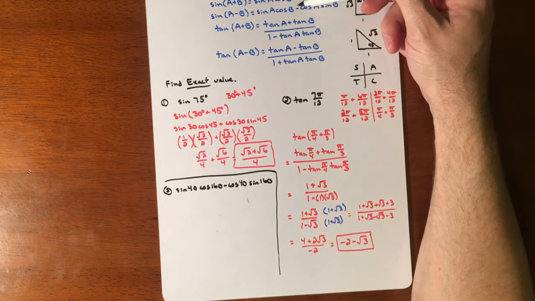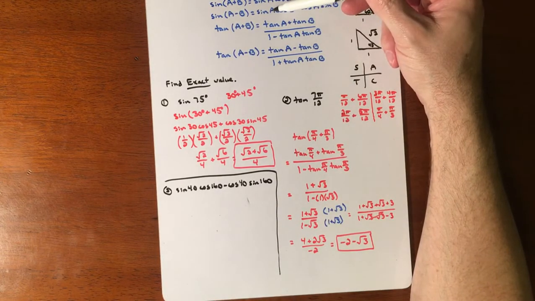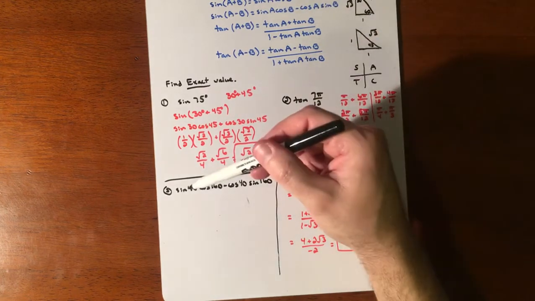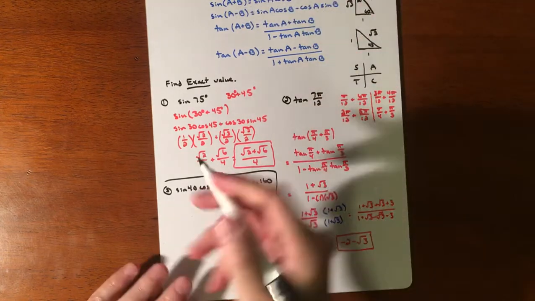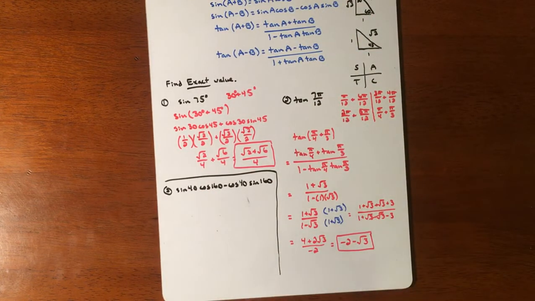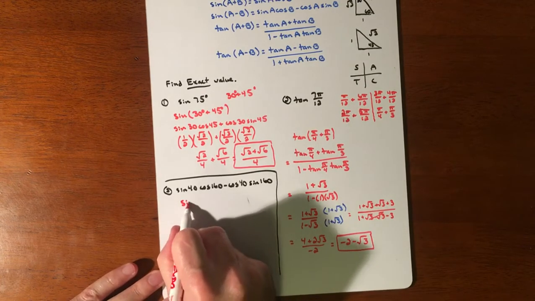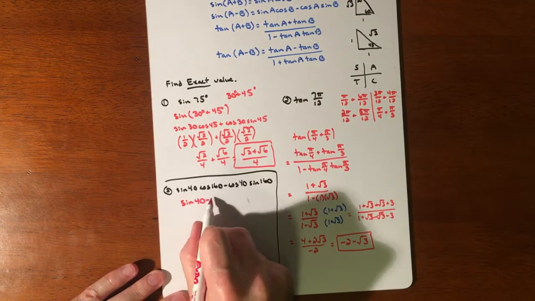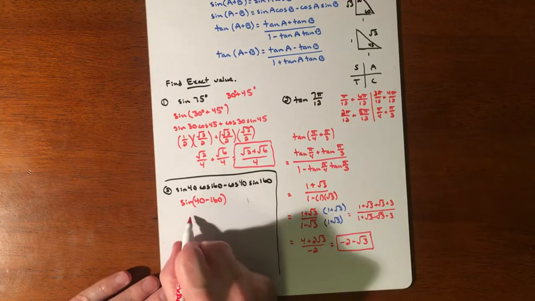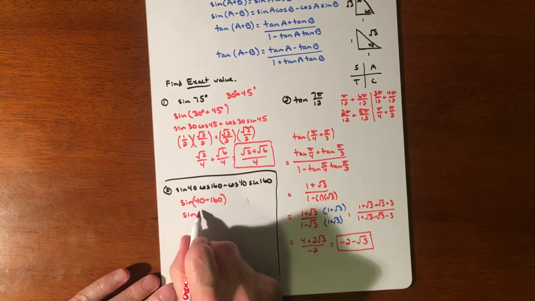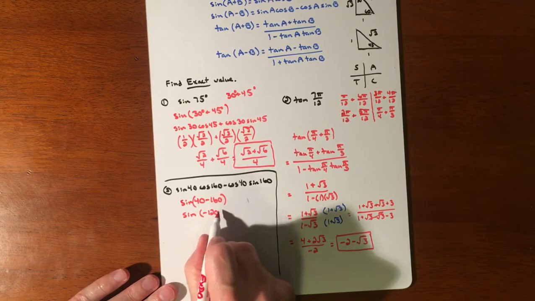So we're looking at the minus formula, and we have these two angles. As long as those angles are the same, 40 and 40, and then 160 and 160, we'll pull it back to this. So you're really looking at sine of 40 minus 160. If you put that together, that's really going to be sine of negative 120.